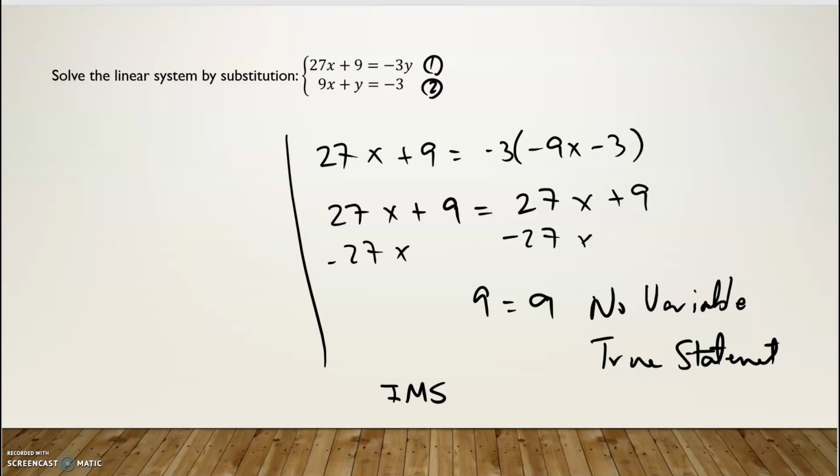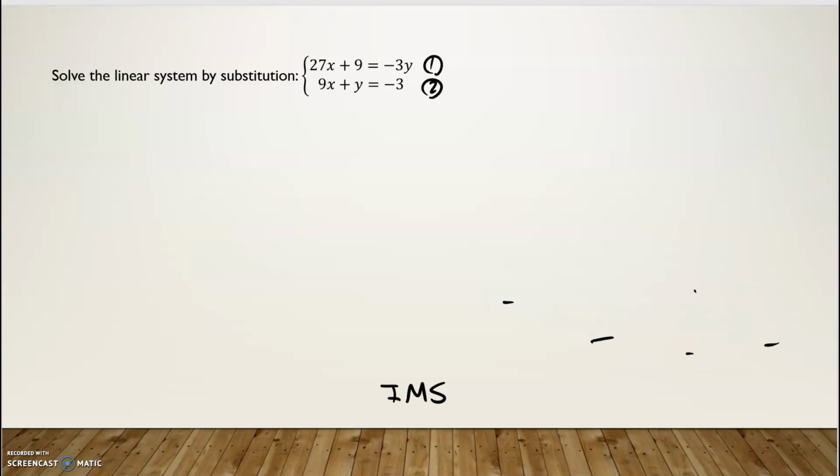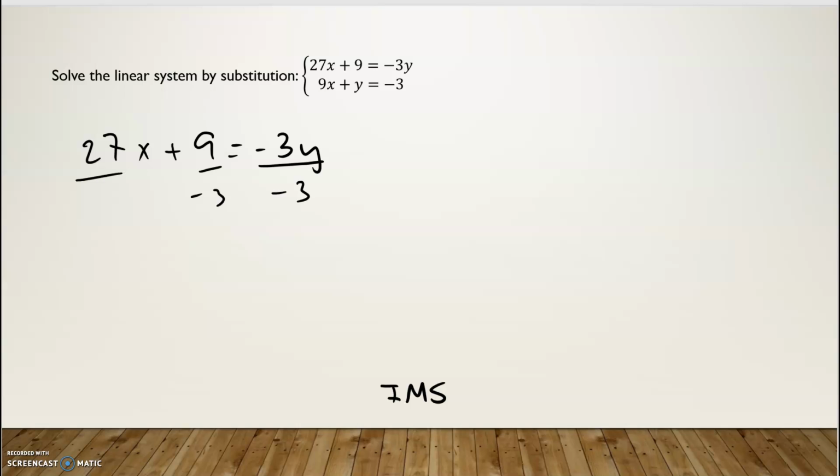And let me go ahead and show you now why that's the case. Okay, so we'll take the 27x plus 9 is equal to negative 3, and we'll go ahead and solve it for y. So divide everything by negative 3. So this will be negative 9x minus 3 and y. Okay, so we'll put that in y equals mx plus b format.